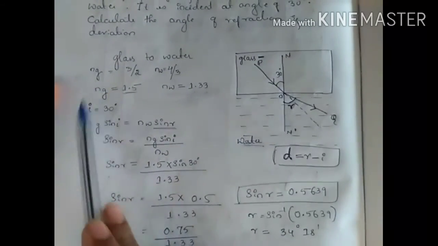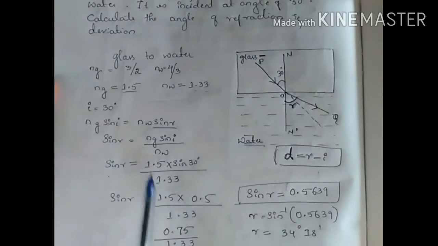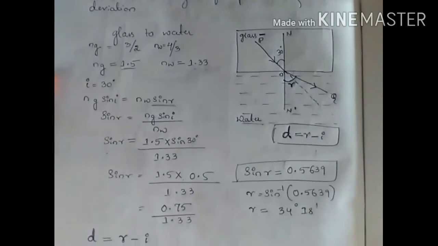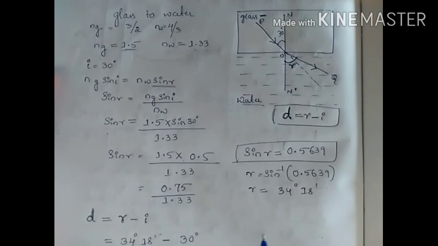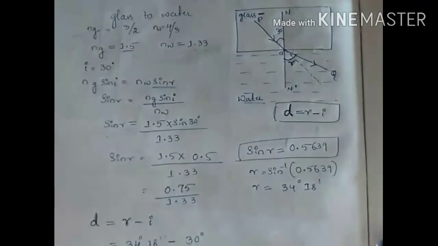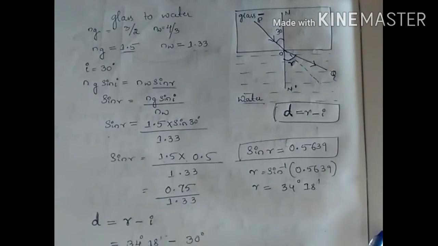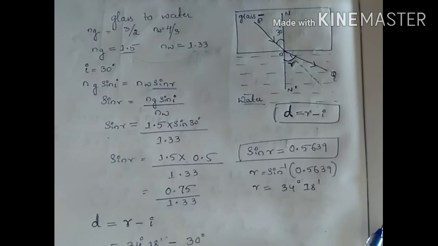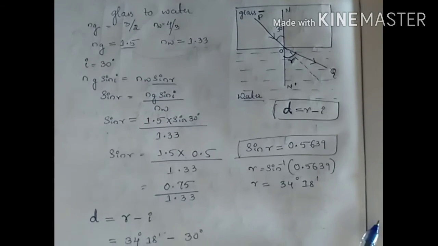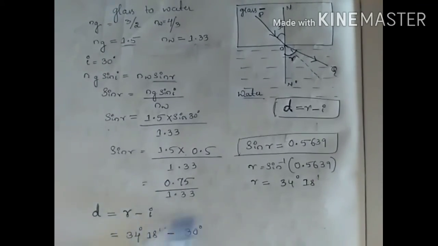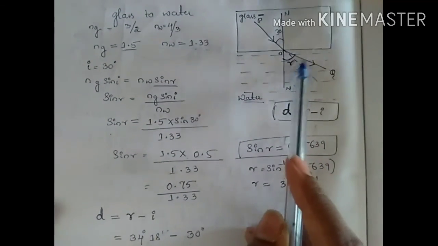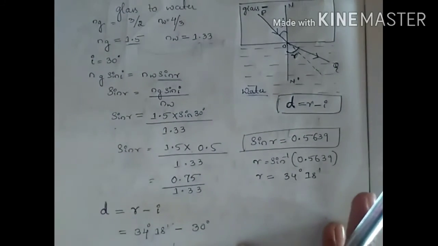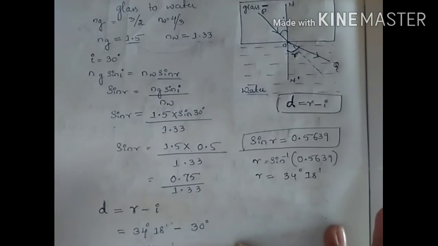So using this data, we found sin r. So now we have the angle of refraction. From that we have to find the deviation that has occurred when the light gets refracted. This formula we got from the ray diagram itself. If you are good at ray diagrams, then half of your problems in optics will be done.